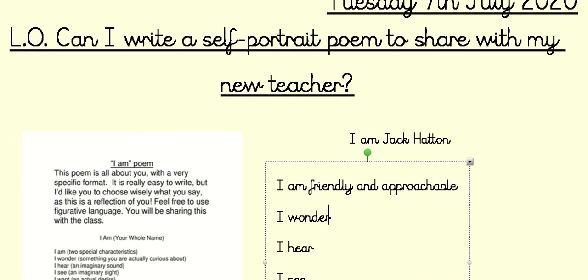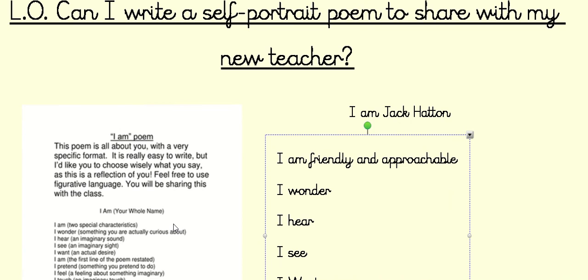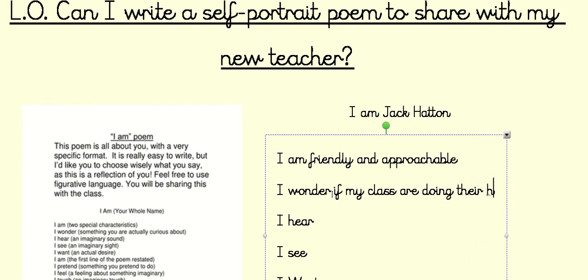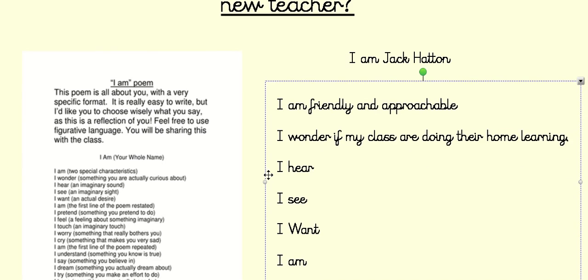My next line, well, what do I have to wonder about? Something you're actually curious about. I wonder if my class are doing their home learning. I hear children chattering on the playground. Because that's my imaginary sound.